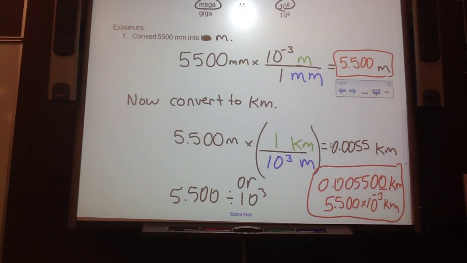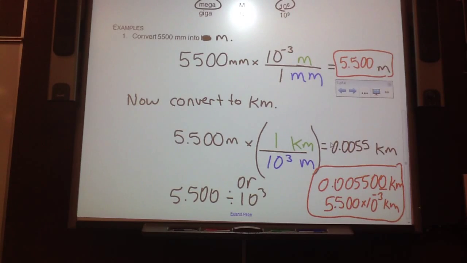Yeah, thank you. Okay, so I want to point something out to you. Would there have been a way that I could have just right away gone from millimeters to kilometers? You can use the exponents on the tens to just move the decimals. Yes, yeah, we can do that.